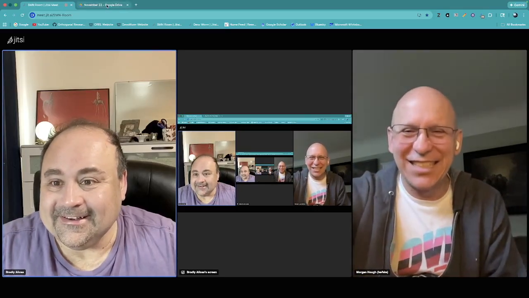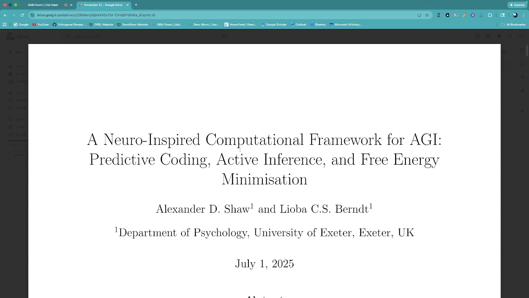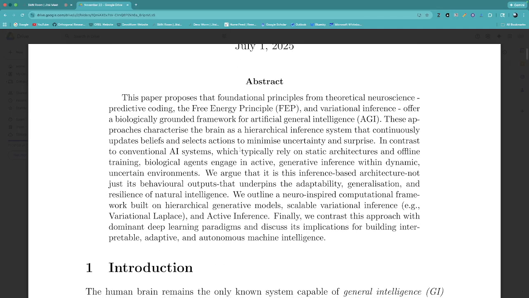Oh, that's fine. Yeah. So this is a Neuro-Inspired computational framework for AGI, predictive coding, active inference, and free energy minimization. So this is a recent preprint. The abstract. This paper proposes that foundational principles from theoretical neuroscience, predictive coding, the free energy principle, and variational inference offer a biologically grounded framework for artificial general intelligence.